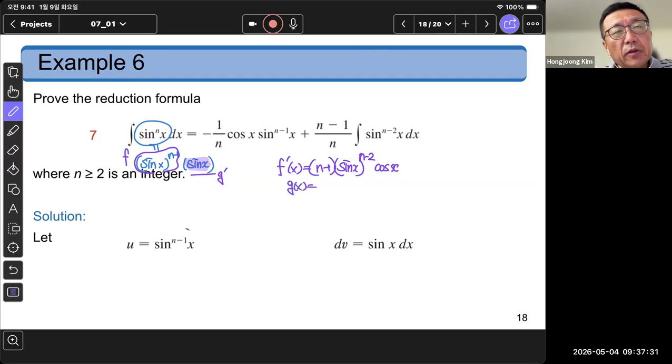Which function shall I differentiate to get sine x? You get negative cosine.